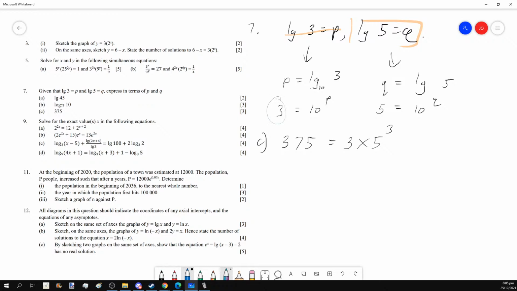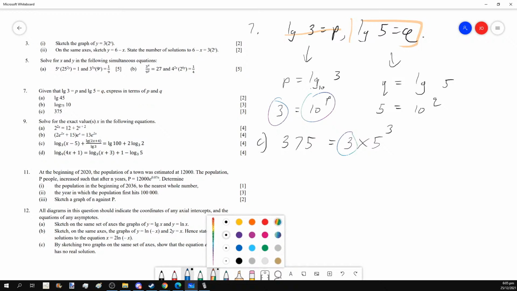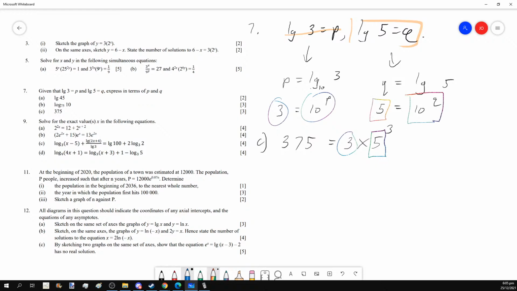Once we are here, 3 will be replaced with 10 to the power of p. I should make this thing thicker. And of course, 5 will be replaced by 10 to the power of q.